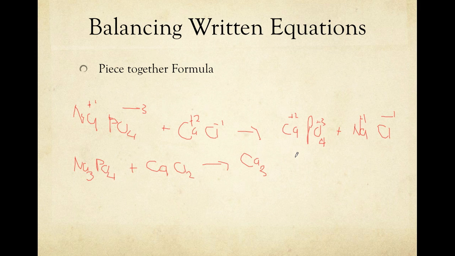So the phosphate is represented by a 2 on the outside. We put parentheses around the phosphate because there's more than one element and you're making 2 or more molecules of it. So we put the parentheses with the 2 on the outside.